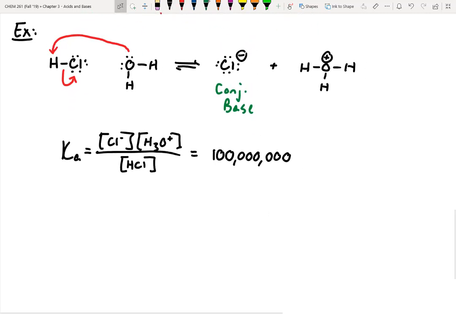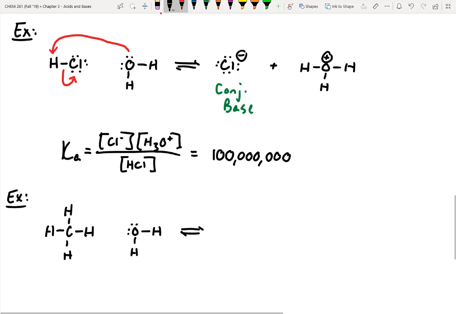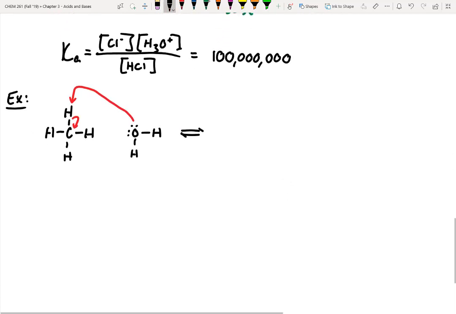So it tells us this is an incredibly good acid. All right, let's compare this to another situation. In this next one, we're going to look at methane. That's CH4, and water, just like before, OH2, or H2O, I guess. And we can imagine, hypothetically, what if water steals a proton from this molecule of methane?